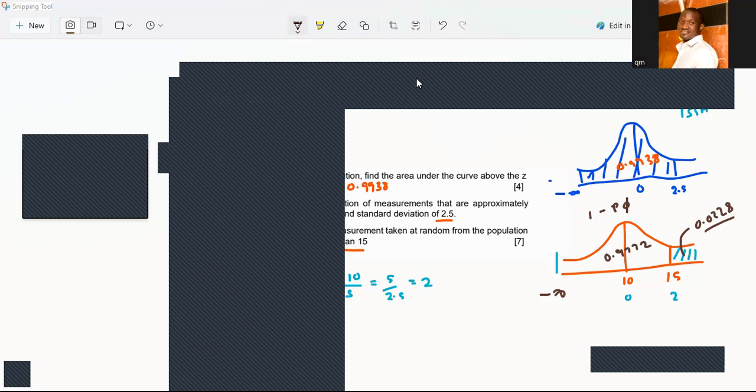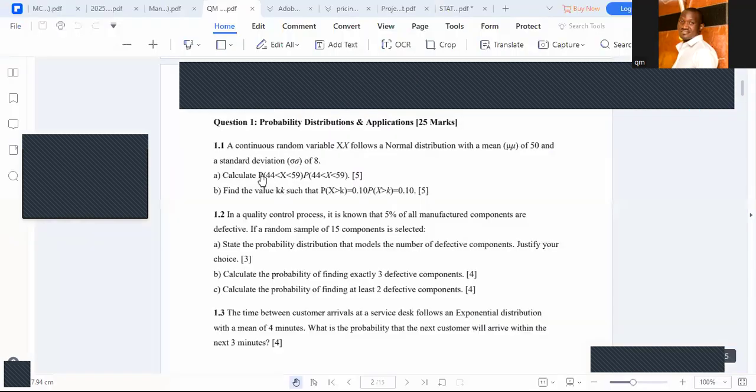So the homework will be to try question number 1, given mu as 50, standard deviation as 8, and the probability between this and that.